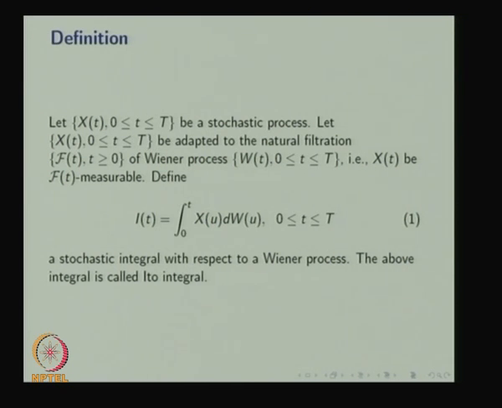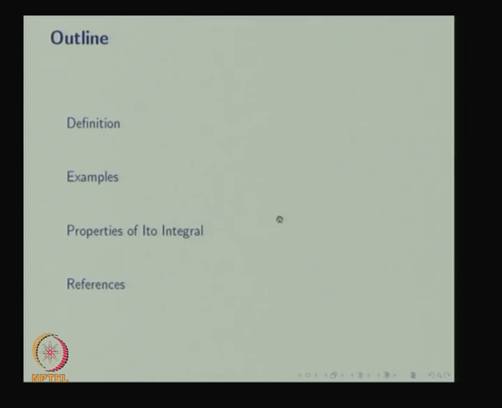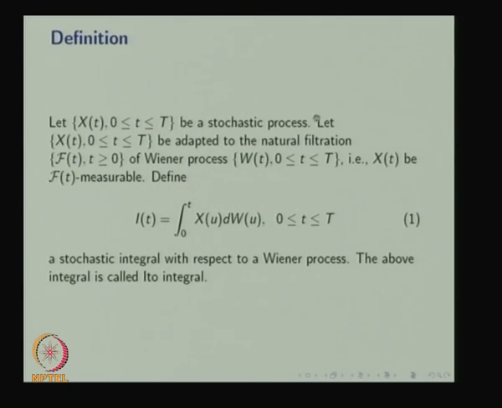So here we have a stochastic process X_t, which is defined on the interval 0 to capital T. The same stochastic process is adapted to the natural filtration F_t. Already we know that the Wiener process is adapted to W_t, and here X_t is also adapted to W_t. That means for fixed t, X_t is F_t measurable.